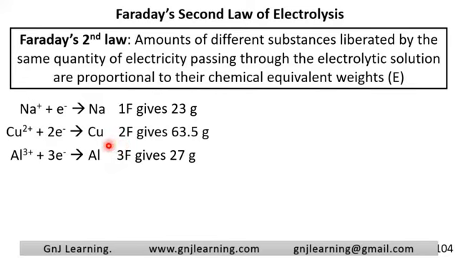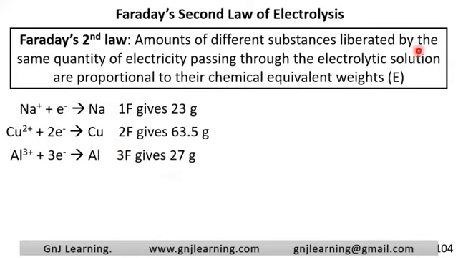If I want to get 27 grams, the molar mass of aluminium, I am supposed to pass 3 Faraday, because it is 3 moles of electrons, which corresponds to 3 Faraday. 3 Faraday gives 27. So these are the amounts of different substances liberated.